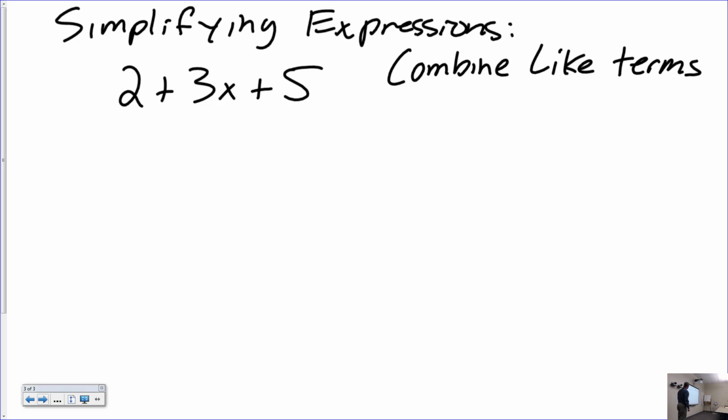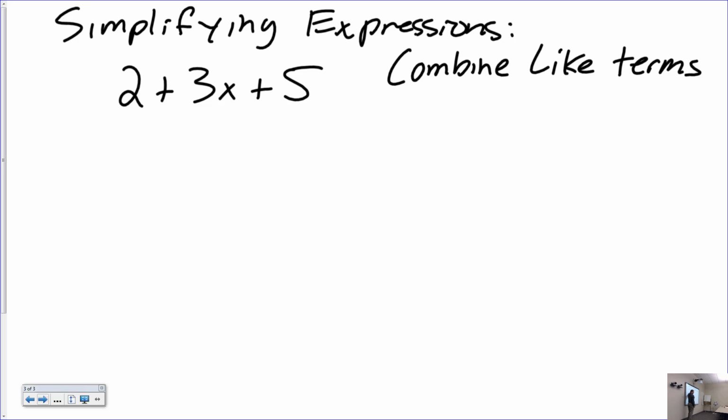Please, and this is where you have to be careful when you are looking at algebra: a lot of times when people see 2 plus 3, what does their brain do immediately? 5. It's hard sometimes to stop yourself. You see 2 plus 3 and you know it's 5. But you also know that these are not like terms, because this 2 is a constant, and this 3 is a part of the x.